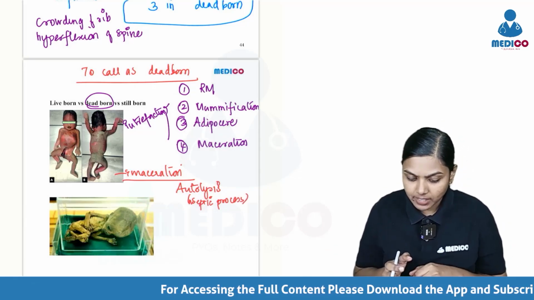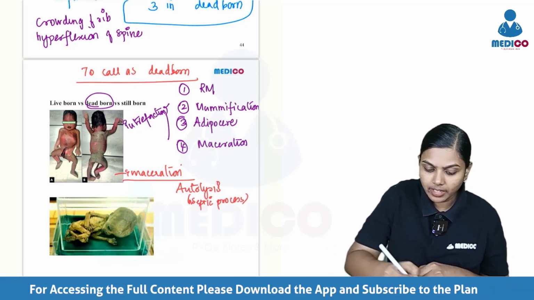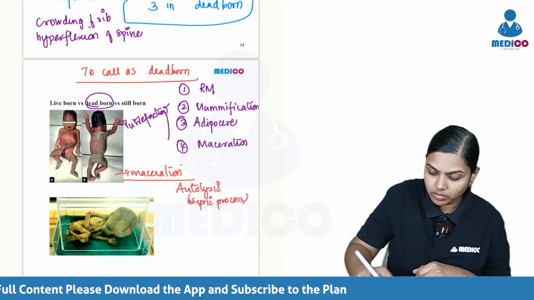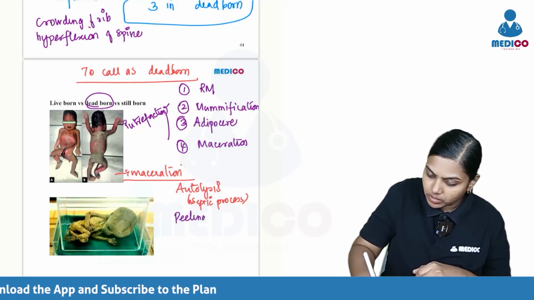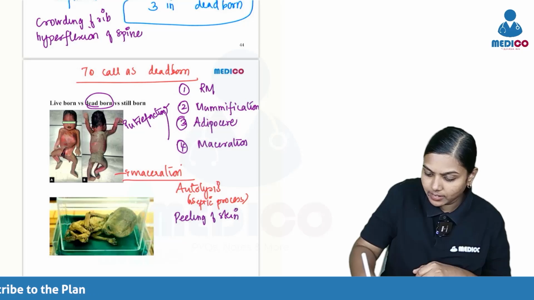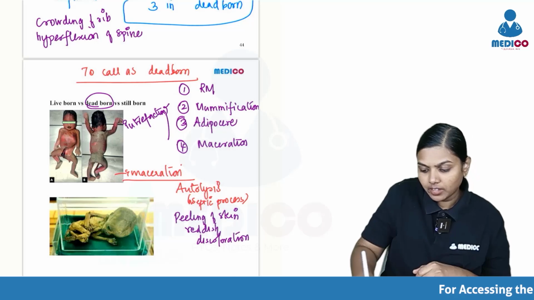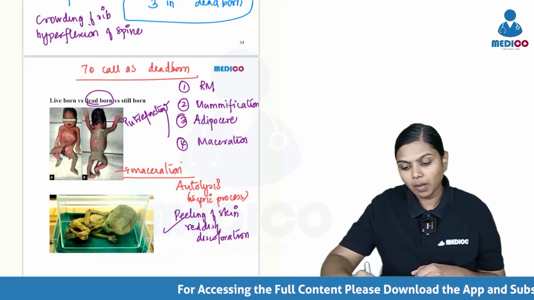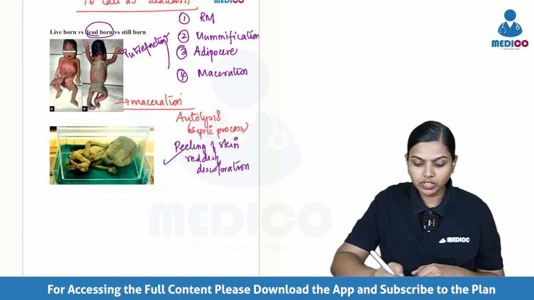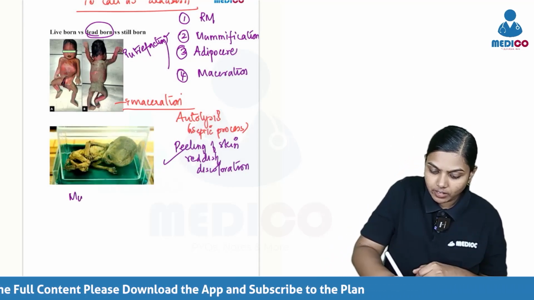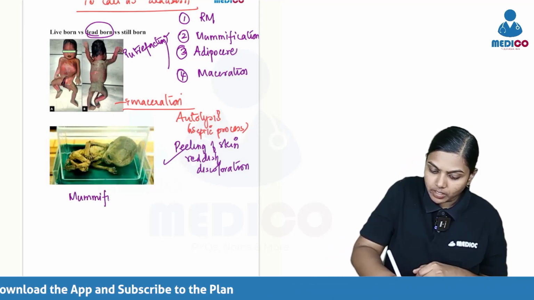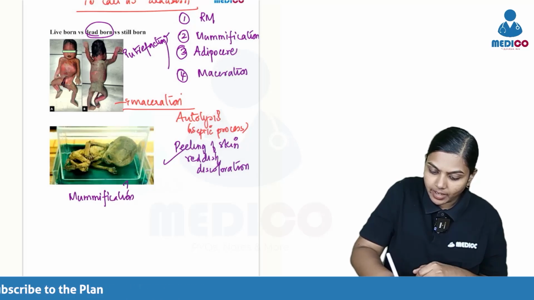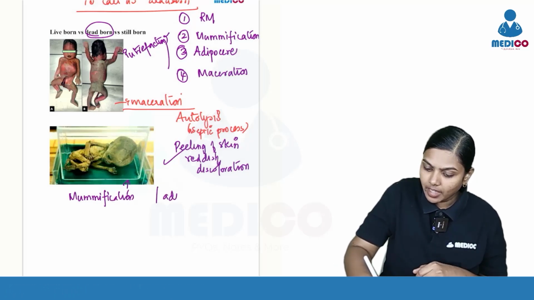Clear? In maceration you will get to see peeling of skin and reddish discoloration. This is the initial thing you will notice in a macerated baby. Apart from that, you can also see mummification or adipocere. This baby here is mummified, or you can also see adipocere.